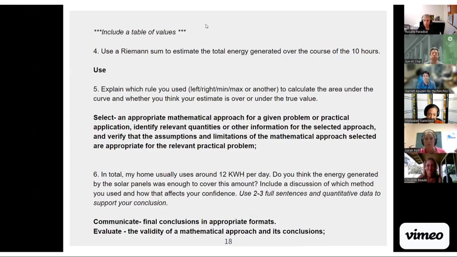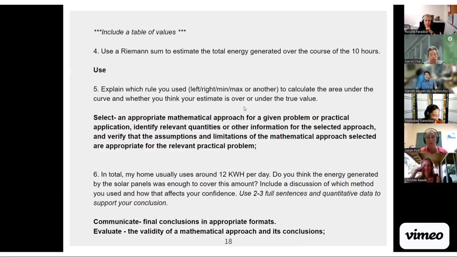But I definitely think interpret is what we're trying to get out there. Thank you. And I will also say this is not just my idea. I think this is a very common calculus example, to do a Riemann sum with power generation.